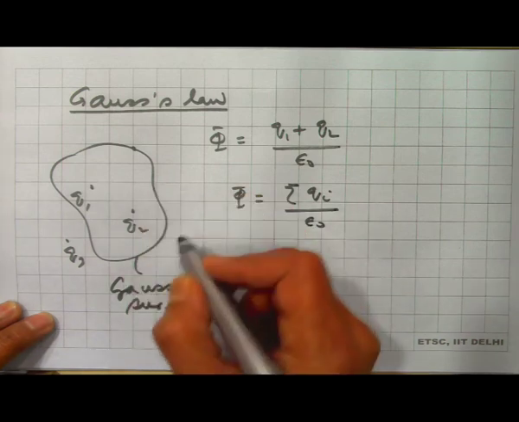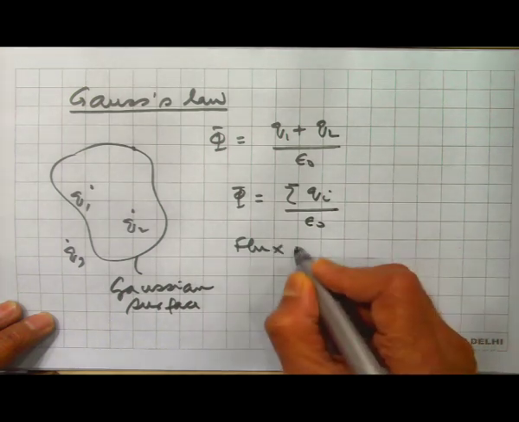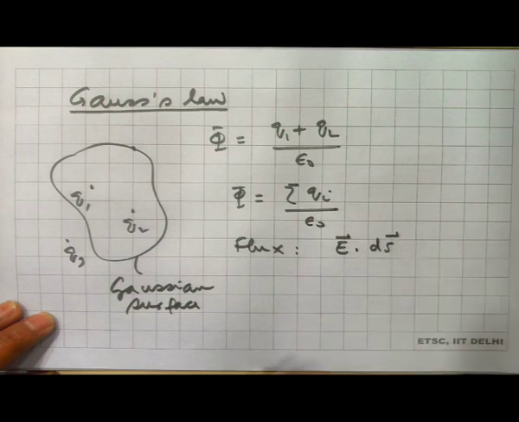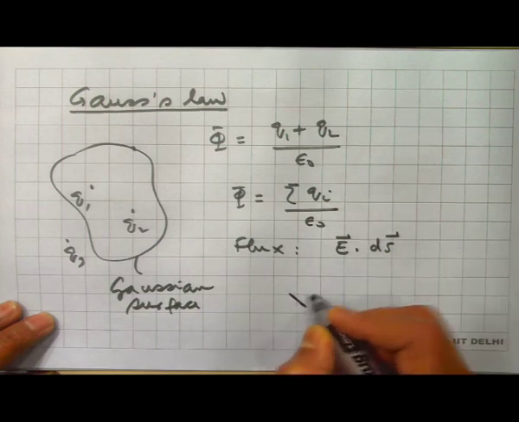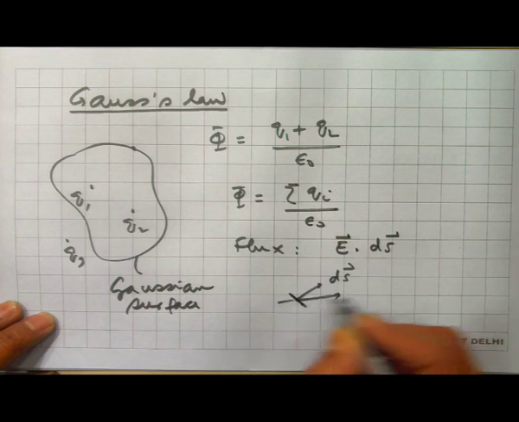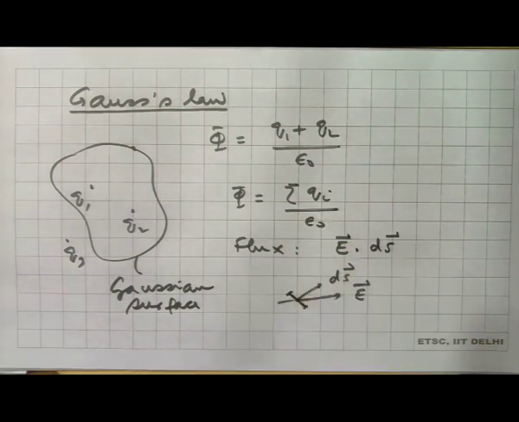And in fact, the flux was defined as follows. If you have a surface, the flux we had defined as E dot dS. So, if I had a surface element dS vector here, and the electric field was like this, then the flux through this dS is actually E dot dS. So, this is for a set of point charges.